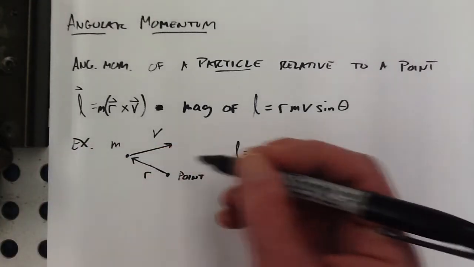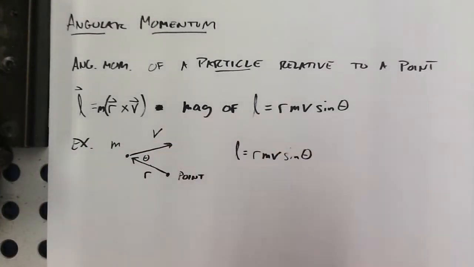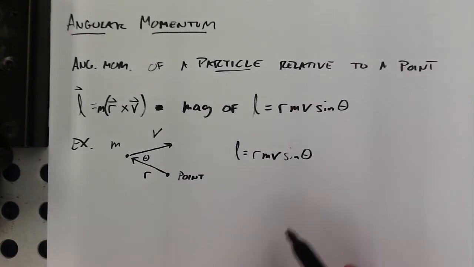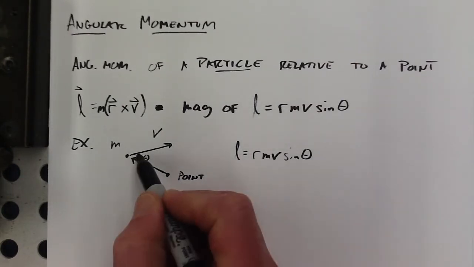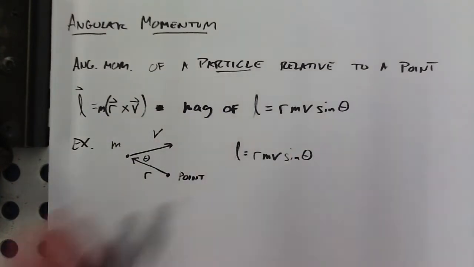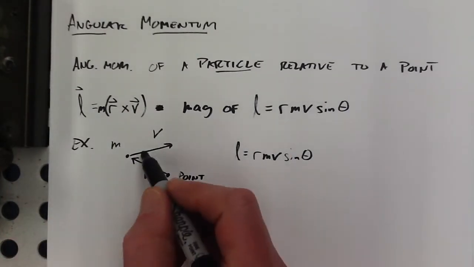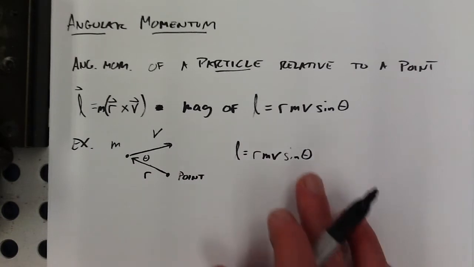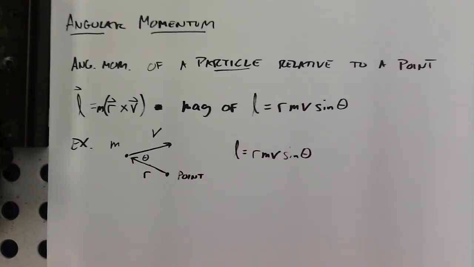But the nice thing for us is that the sine of an angle and the sine of the supplement of that angle are the same number. So it does not matter which angle between the two vectors you pick, you're going to be just fine. So whichever angle is easier for you to figure out.